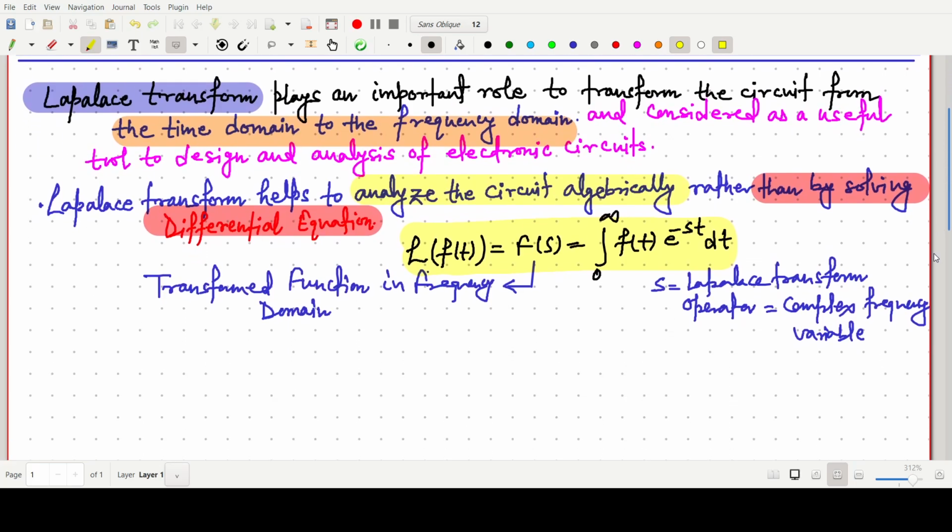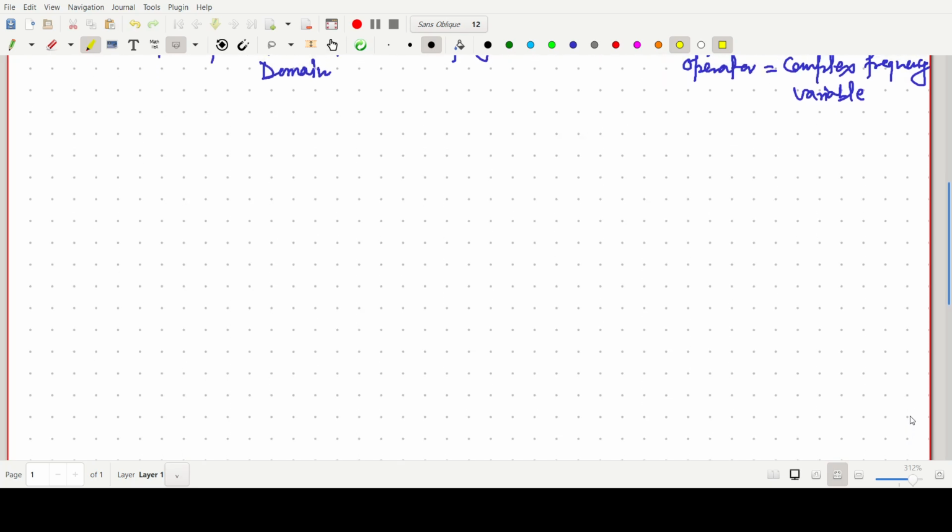For this purpose, I want to make a table.